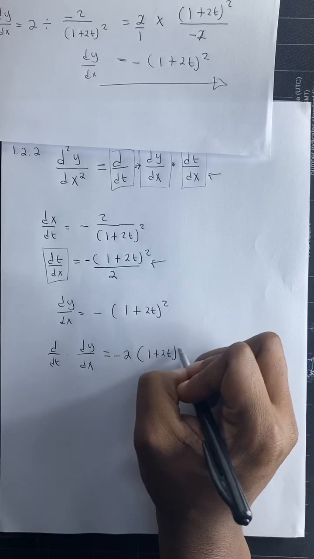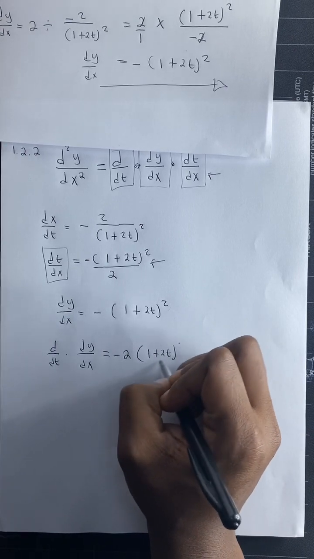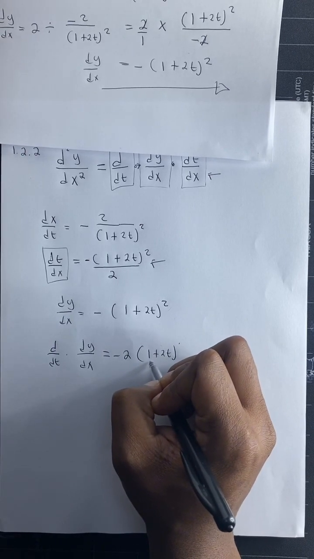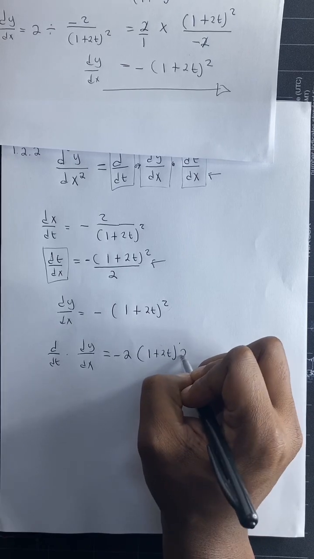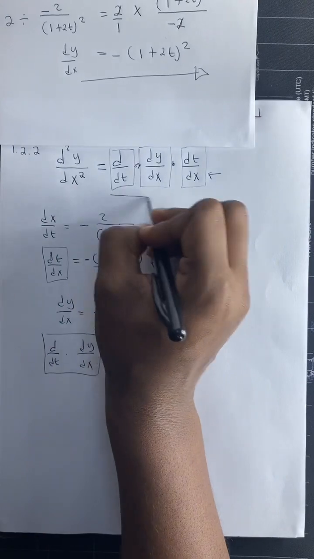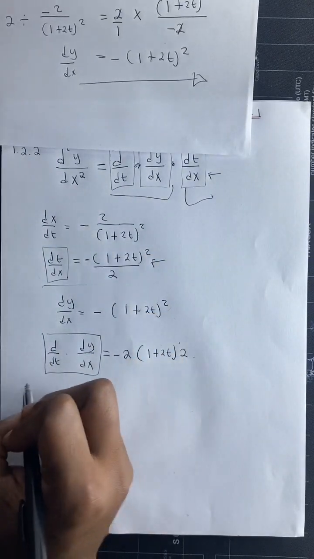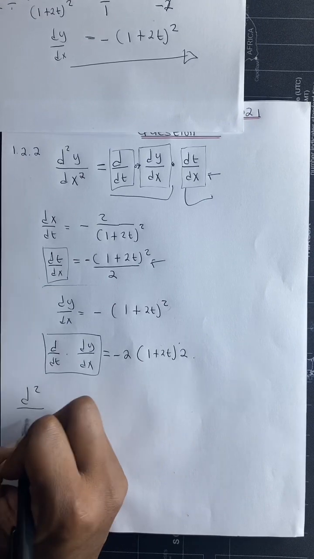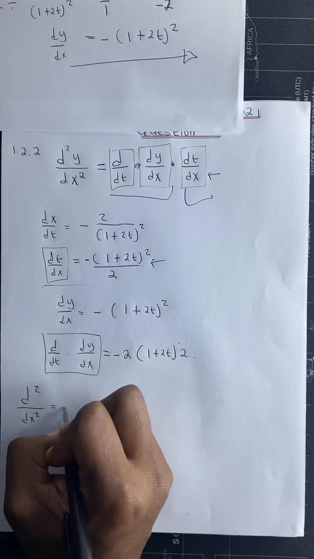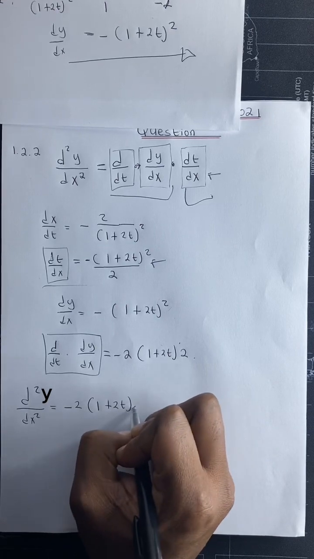We subtract 1 from the 2 and we get 1. And we also differentiate the inner function. The derivative of 1 is 0. The derivative of 2t is 2. So we simply have to multiply these two, which will be equal to negative 2, (1 plus 2t) multiplied by 2.